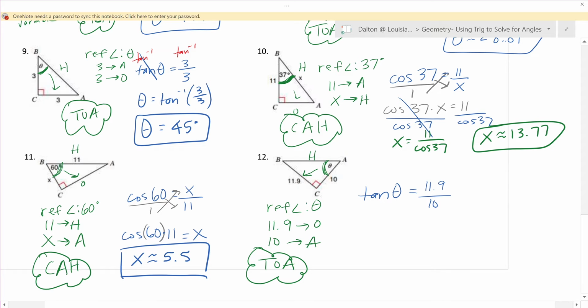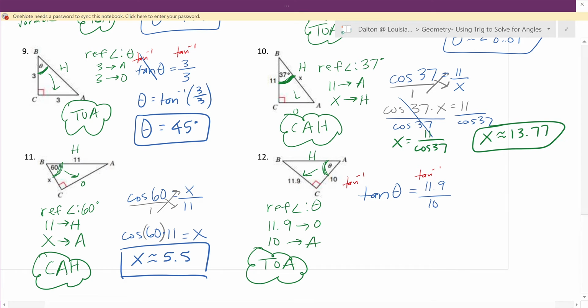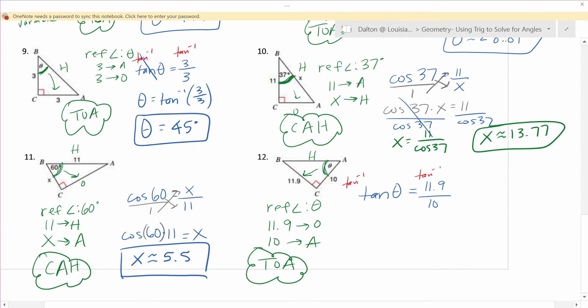Theta is my variable. It's stuck inside of tangent right now. So cross multiplying wouldn't do me any good. If I'm solving for the angle, I need to go ahead and do the inverse tangent of both sides. So on the left side, inverse tangent and tangent cancel. I'm left with theta equals tangent inverse of 11.9 divided by 10. And that's what you plug into your calculator.